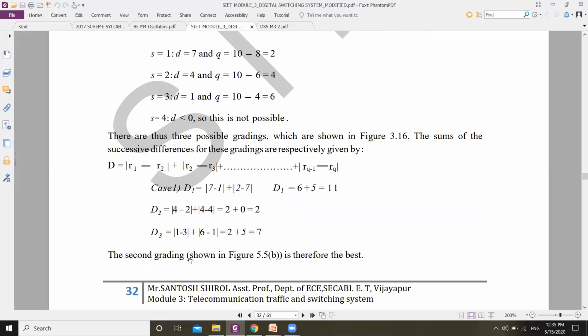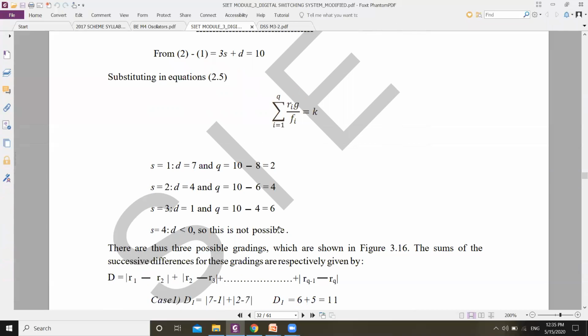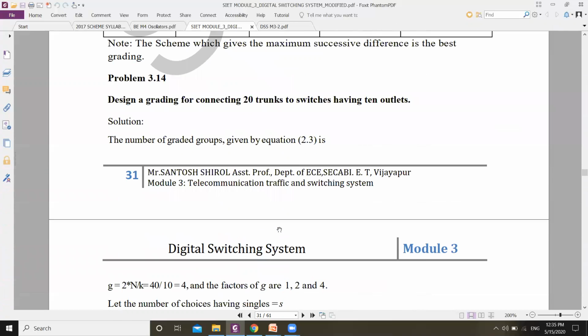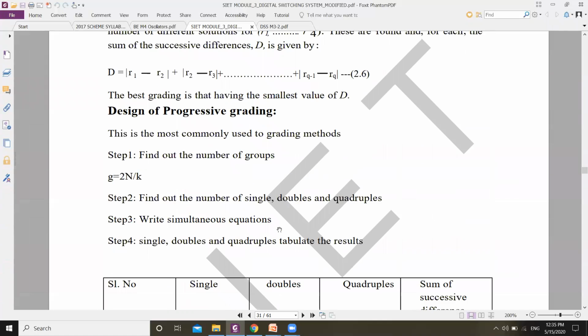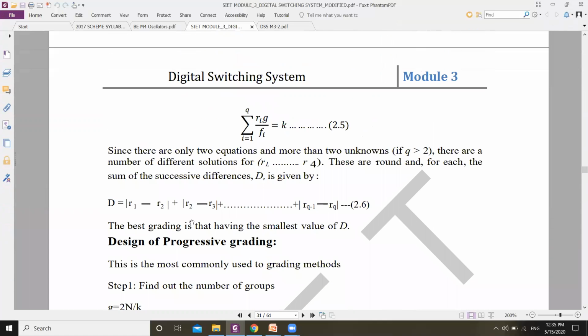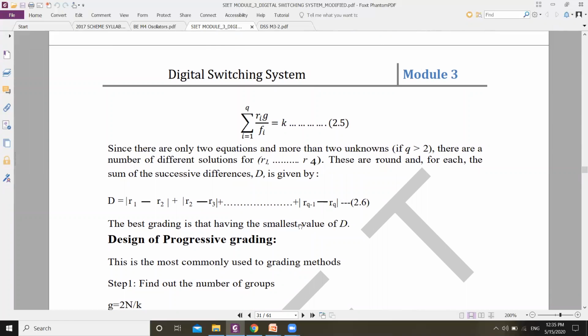The second grading is shown in figure B. Just see over here, this difference is 11, this difference is 2, and this difference is 7. What we discussed just now is that the best grading is the one having the smallest value of D, right?